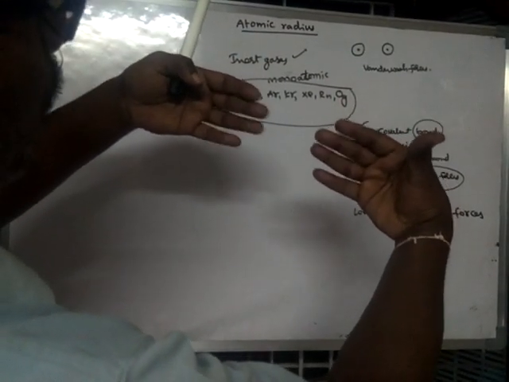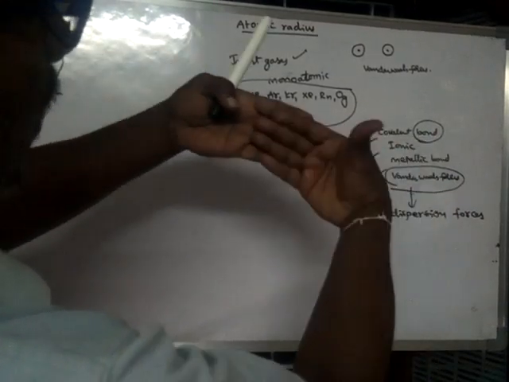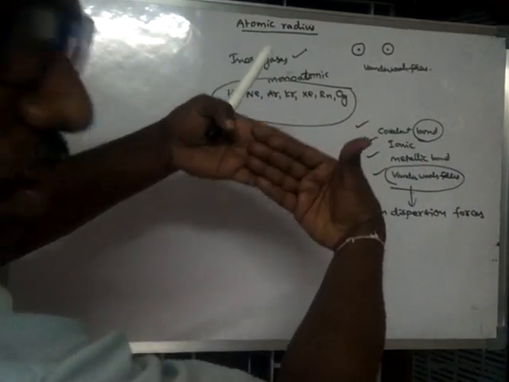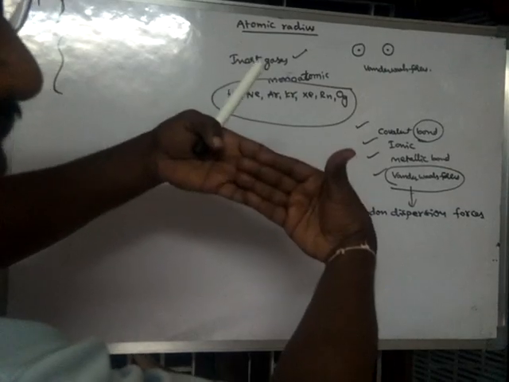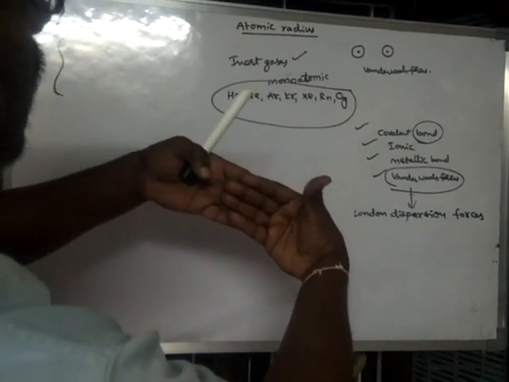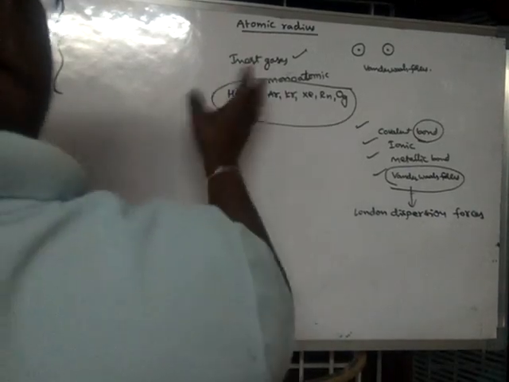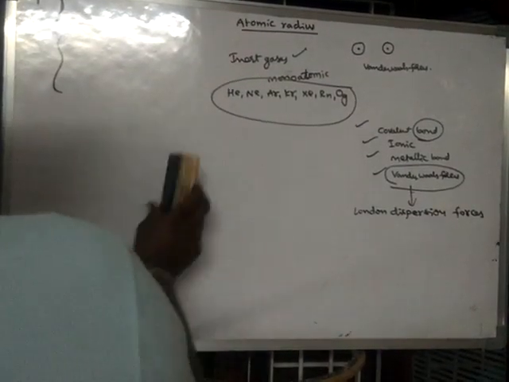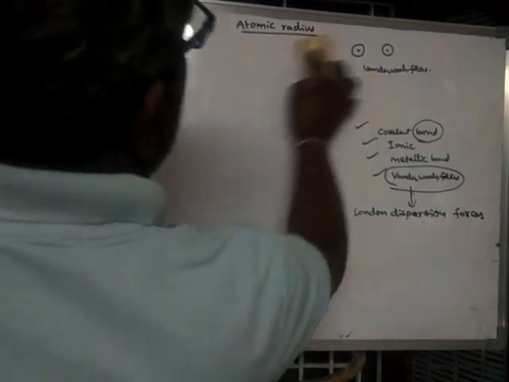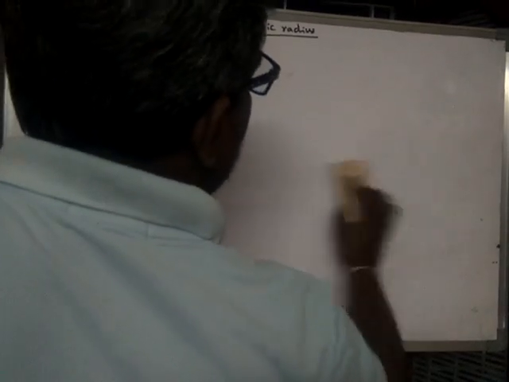The force of attraction will be weak if they are not merged. If they merge, what happens? Covalent bond. That means the force of attraction will be stronger. Okay, got it?